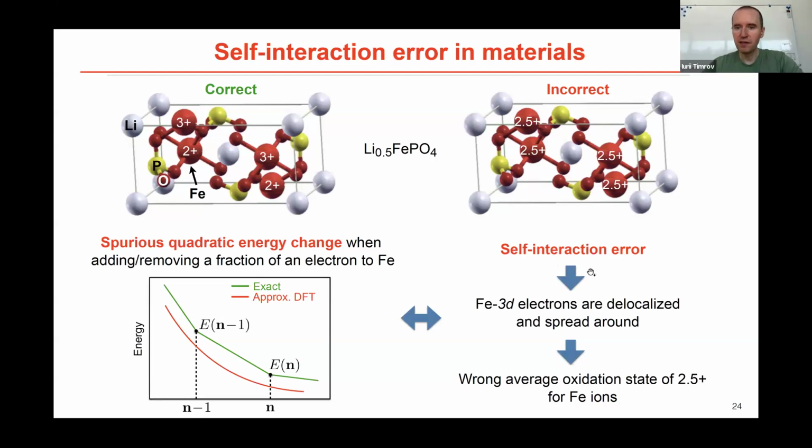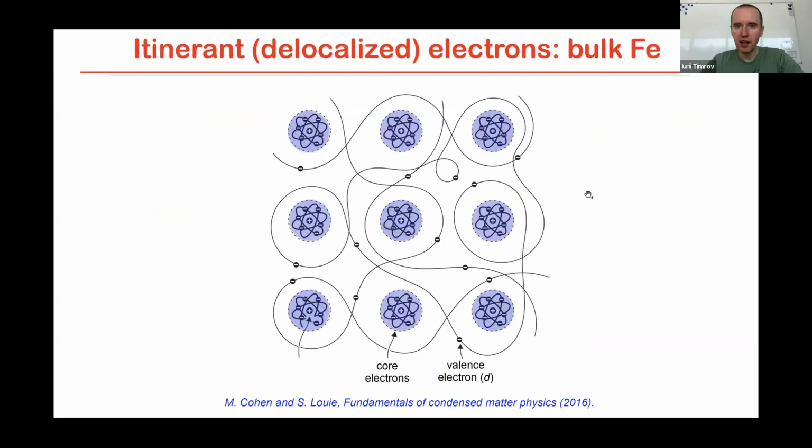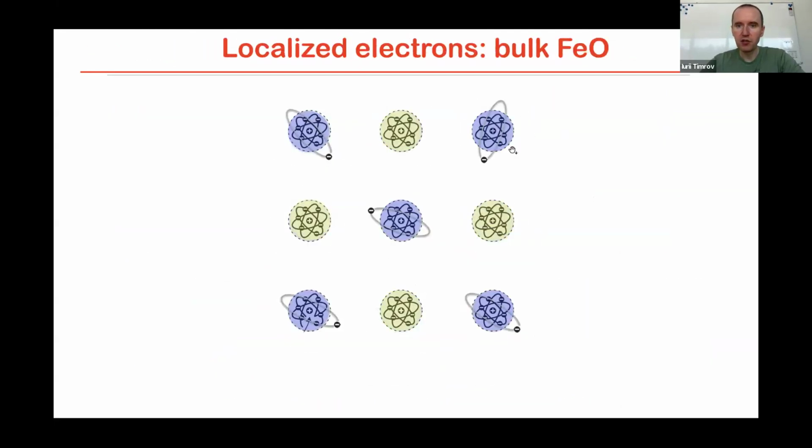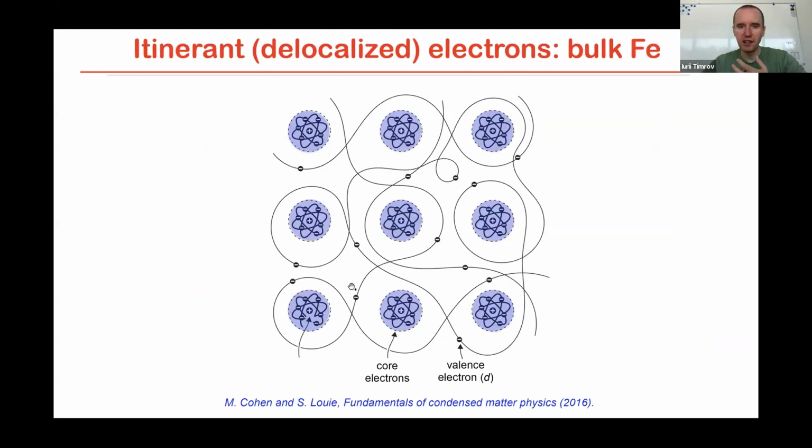Because of this unphysical self-interaction, when an electron interacts with itself, which doesn't make any sense, the iron 3d electrons that must be localized are actually delocalized and spread around the cell. What we want in iron oxide is for the electron to be localized, orbiting around one iron. But due to self-interaction, it doesn't want to do that. It delocalizes and flies around.